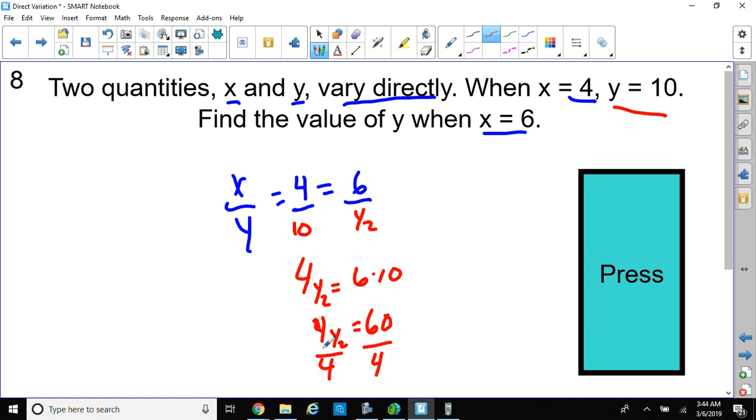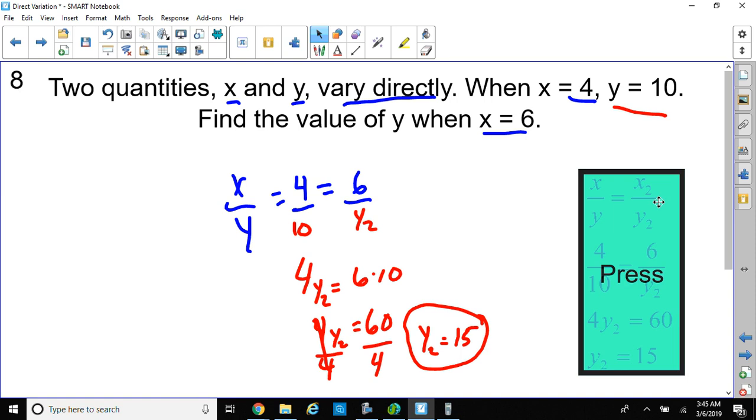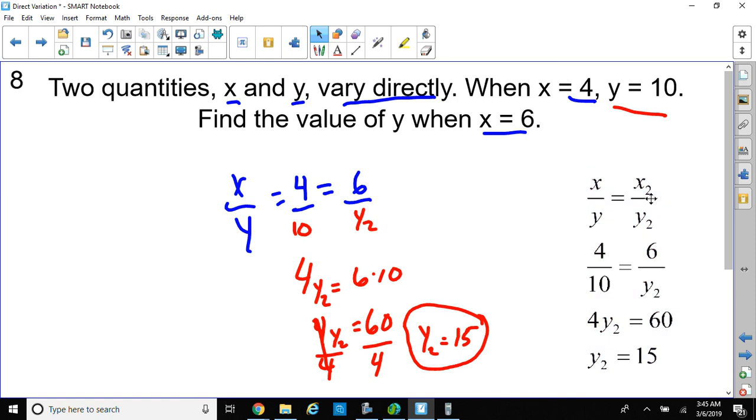The 4's cancel out. The second y is equal to 15. All right, let's check that. Yes.